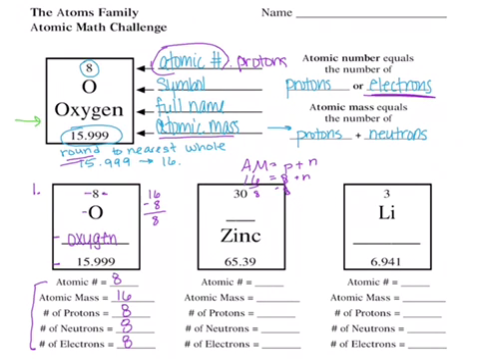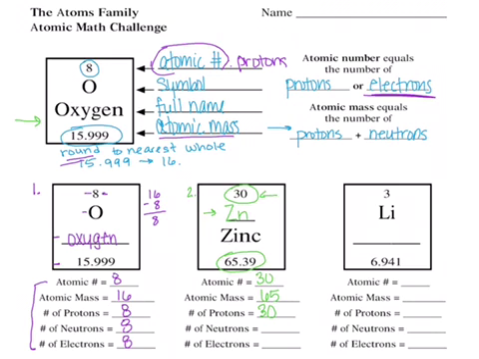Looking at our next example, we have a blank for the symbol. The symbol for zinc is Zn. Our atomic number is the whole number, so we have 30. Your atomic mass is the decimal number, but you have to round that. So 65.39 would round to 65. The number of protons equals your atomic number, so we have 30.